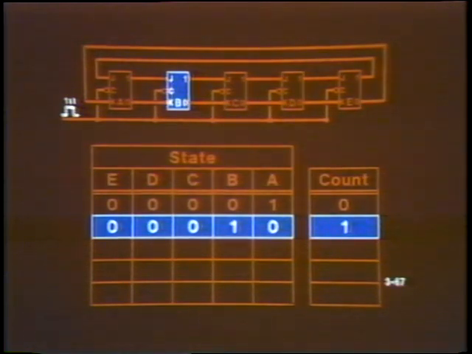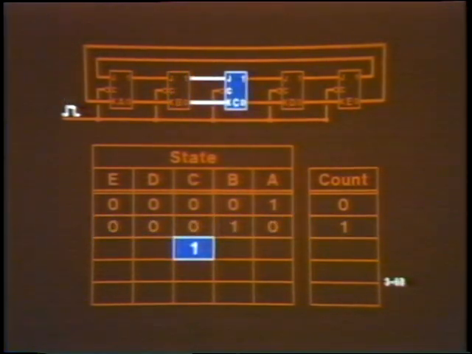At the second clock pulse, a similar sequence of events occurs. Because flip-flop B is now 1, flip-flop C's inputs are J equals 1, K equals 0. So flip-flop C will set at the next clock pulse.